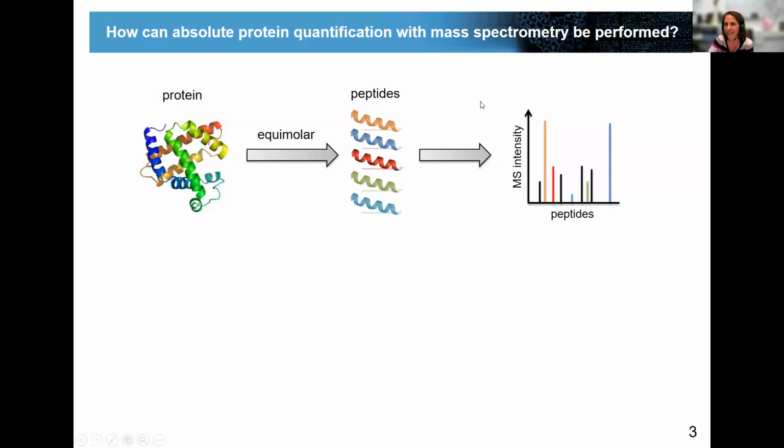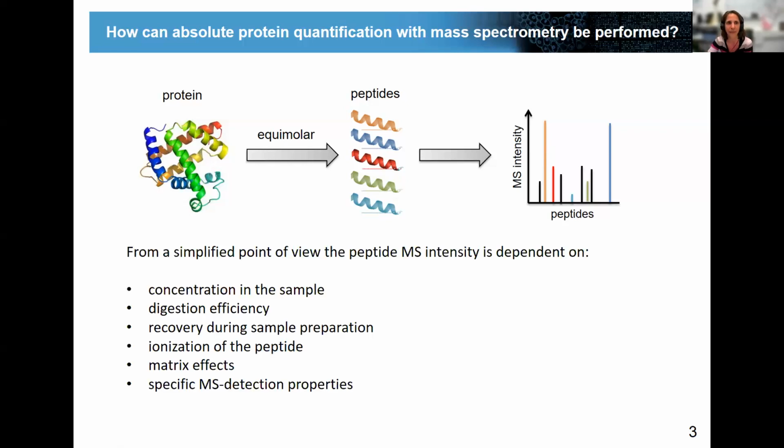The reason why this issue occurs in proteomics is that these intensities that we see here depend, unfortunately, on a lot more factors than just the concentration of the peptide in the sample. So from a simplified point of view, concentration is one factor that determines the intensity, but then we have, for example, also digestion efficiency. Some peptides are just not excised from the protein as completely as others. We have recovery during sample prep.